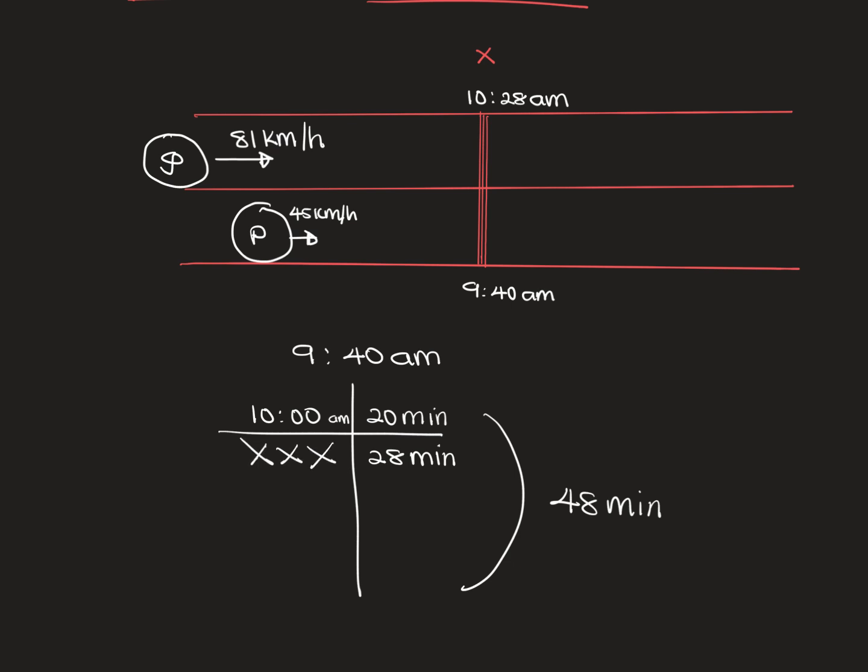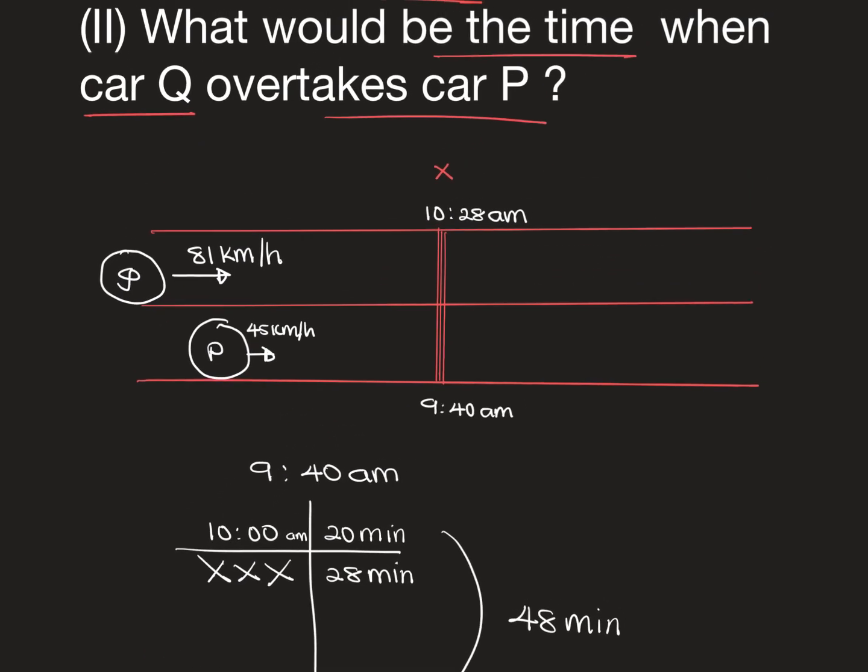The time will then be 10:28 a.m. This is how you add time. To repeat myself, if you add 48 minutes to 9:40, the time becomes 10:28.